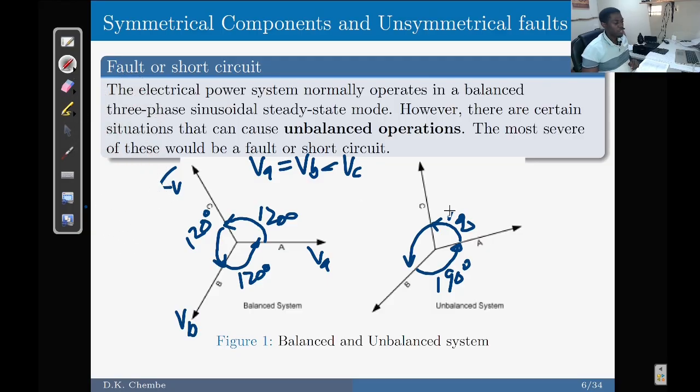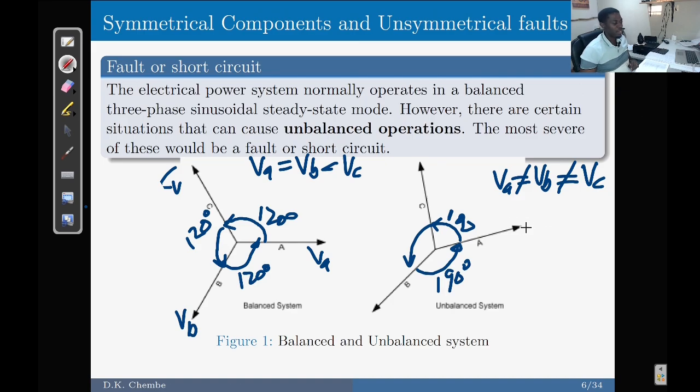Okay, so this is the example that I'm talking about, where in an unbalanced system, first of all, the magnitudes are not equal. VA will not be equal to VB and probably not be equal to VC.